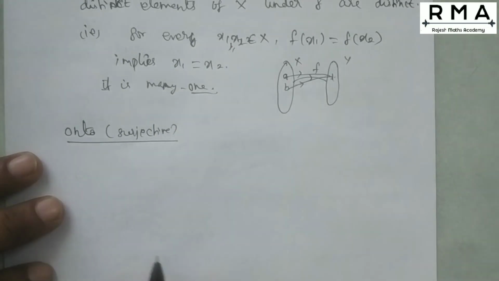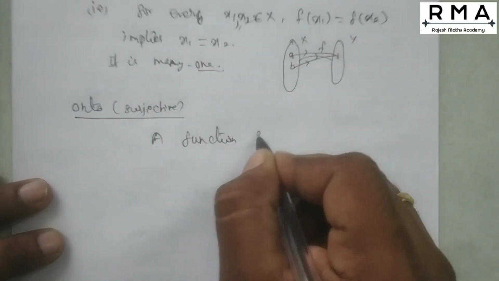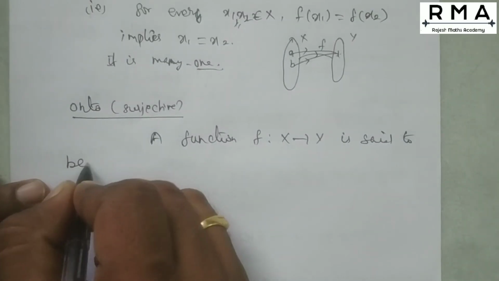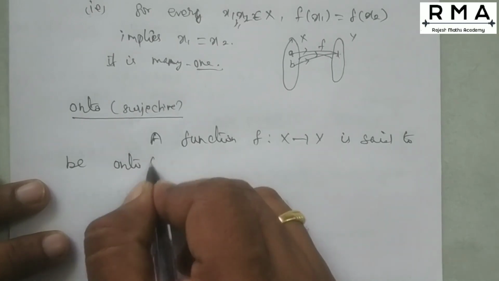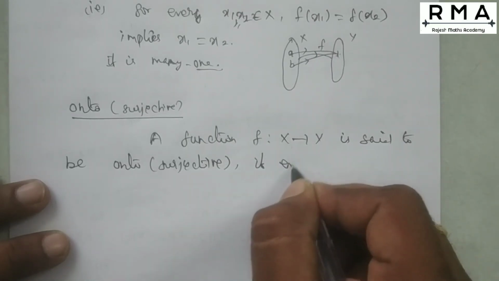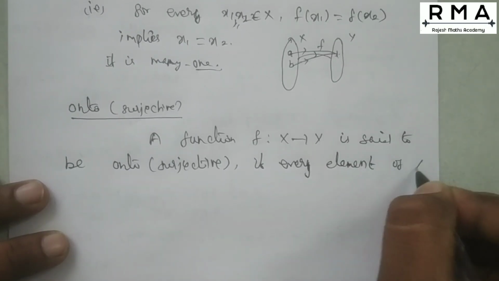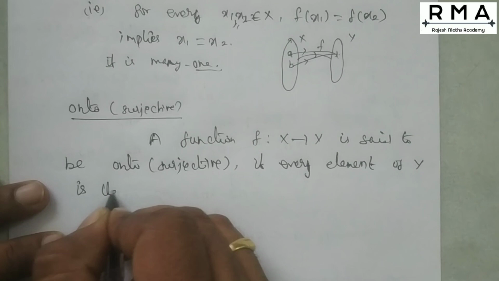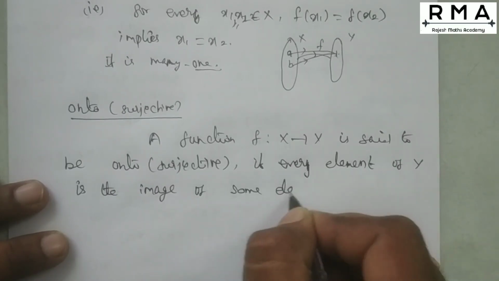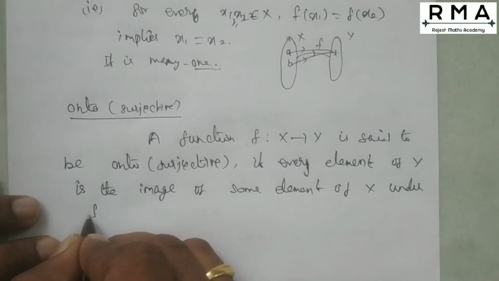A function f from x to y is said to be onto or surjective if every element of y is the image of some element of x under f. What is the meaning?